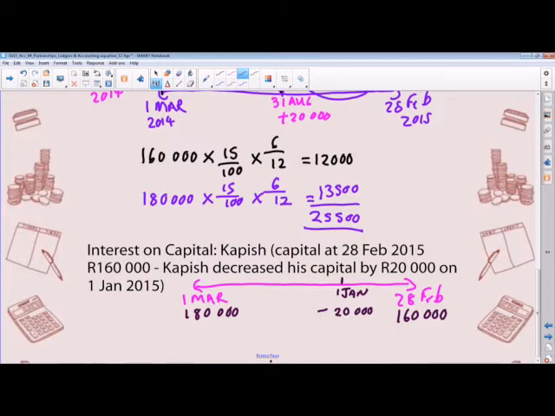He then decreased his capital by 20,000, which means at the beginning of the year, if we work backwards, remember we're now adding back the 20,000, so his capital was 180,000. So in other words, guys, for the first 10 months, 1st of March to the 1st of January is 10 months, we're going to calculate his interest on 180,000. So let's do that.